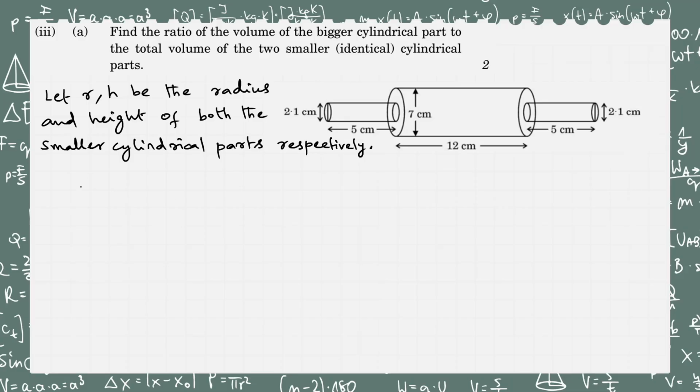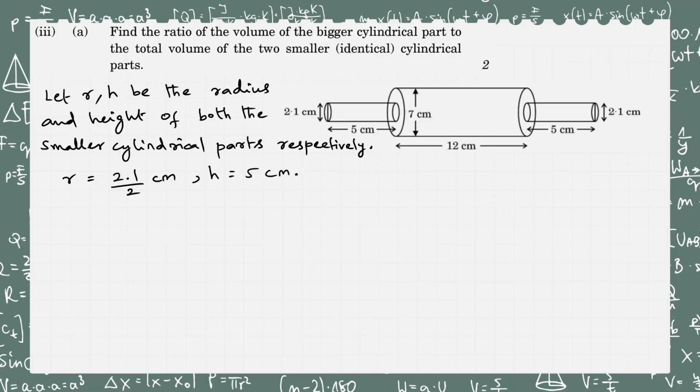Okay. So, what is r here? The diameter is 2.1. Okay. So, radius will be half of that. So, 2.1 by 2 centimeter. I am not going to convert it also. Okay. And height will be 5 centimeter.